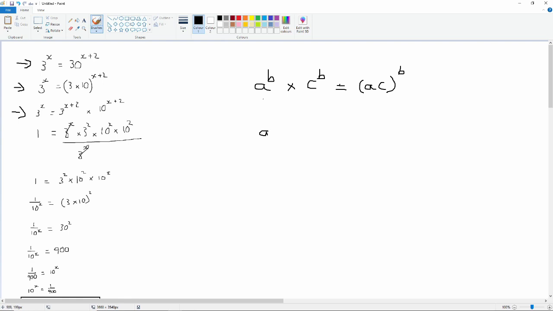Let's use numbers. Let's say 2 to the power 3 multiplied by 3 to the power 3. And of course that's equal to 2 times 2 times 2, multiplied by 3 times 3 times 3.